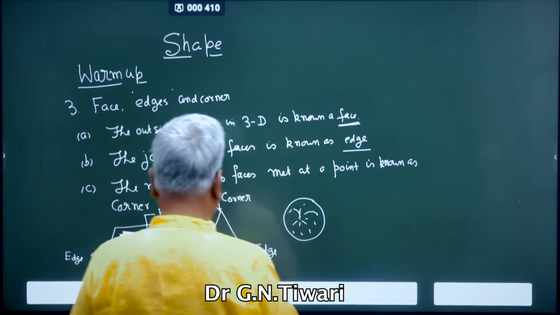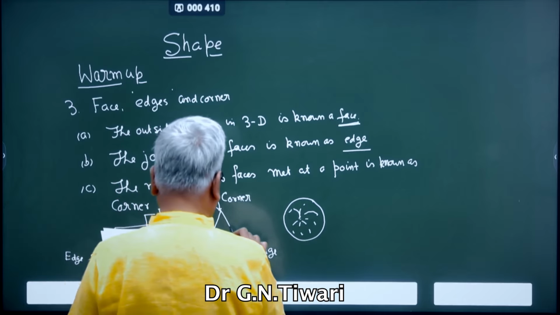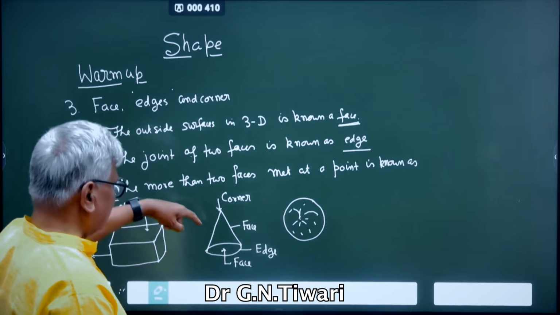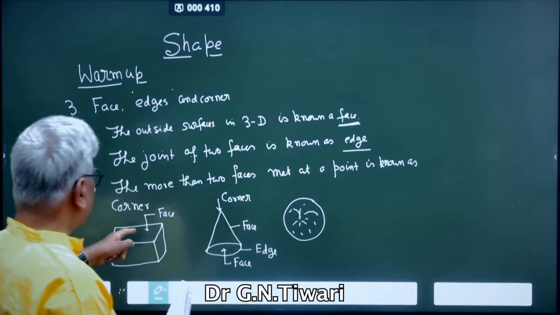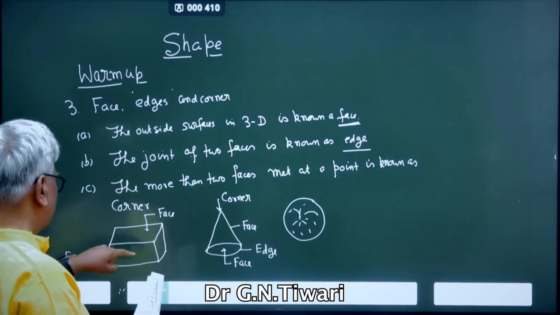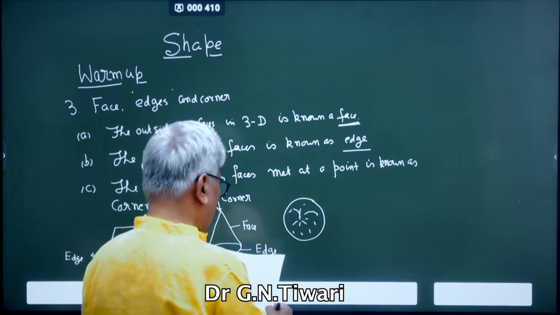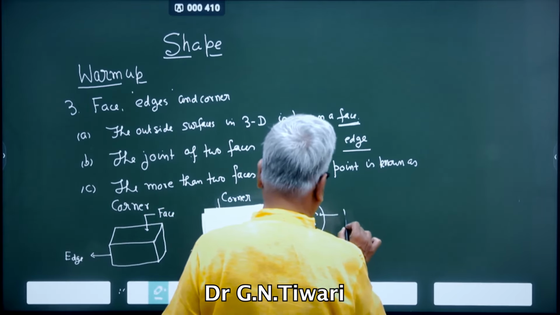Face, this is the corner, edge, and face. And again, this is also a face. So there are 2 faces, a flat face and a curved face. Here it is one edge and one corner. Here there can be 6 faces, and this is the edge. Now, here the outer surface is the only one face.